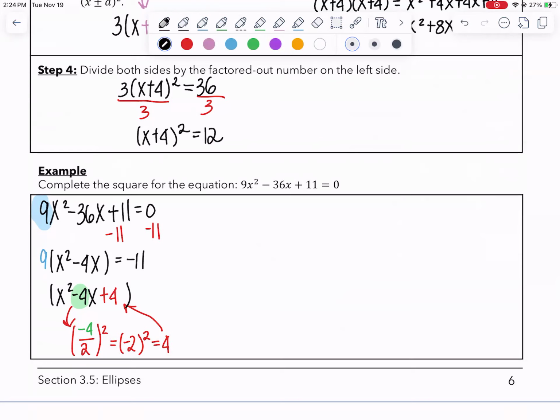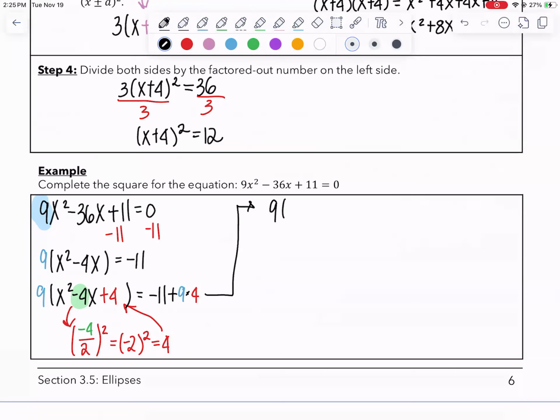It will always be a positive number, by the way, that you are adding, because it's a squared number. It was negative 11 on the right side, but we have now added 9 times 4. So we are going to add 9 times 4 to the right-hand side.